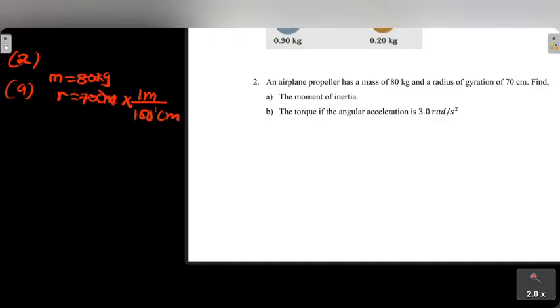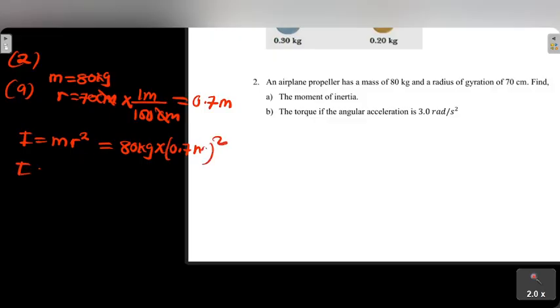So centimeters cancel, then the radius becomes 0.7 meters. Given that the moment of inertia is equal to mass times the radius squared, the moment of inertia of this system will be the mass 80 kg, then the radius 0.7 meters. Remember this is squared.